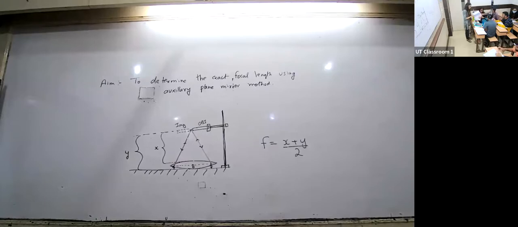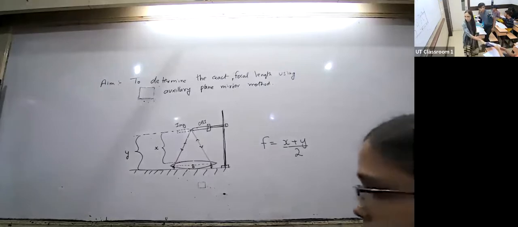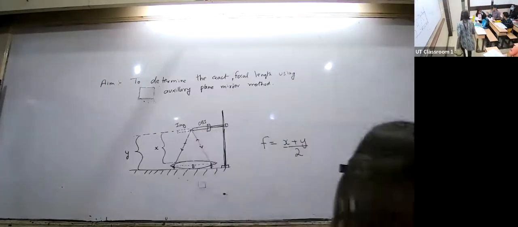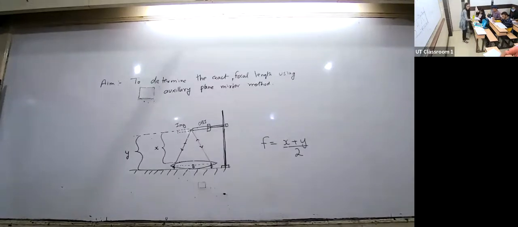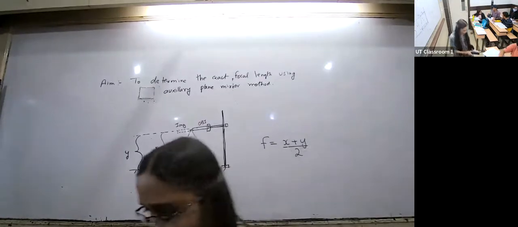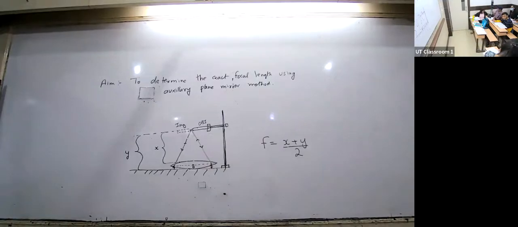All right, can you go to page number 95? Yes, ma'am. Page 95, question 14. Whose book is this? Question number 13. No, I said question number 14. Is it concave lens?